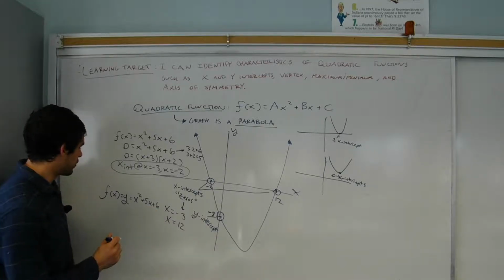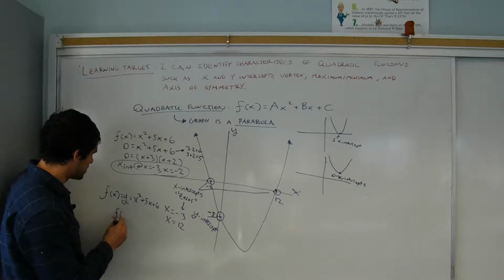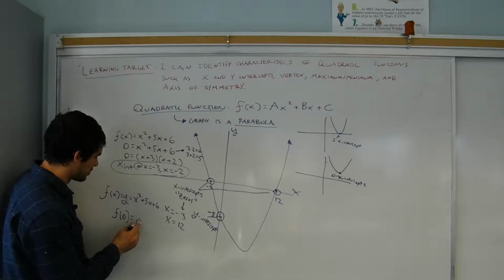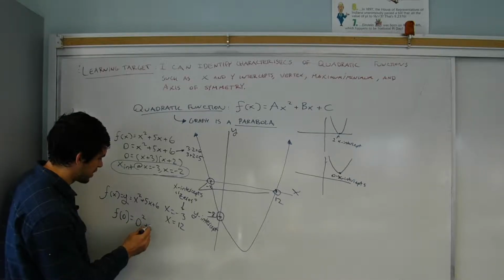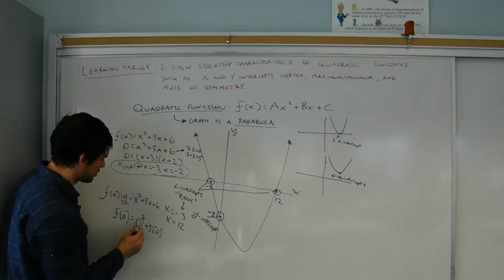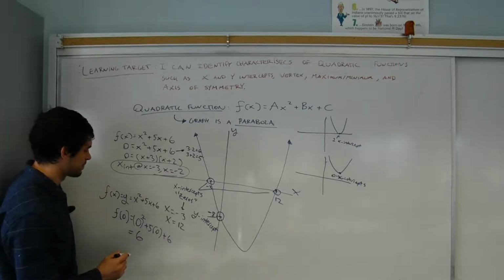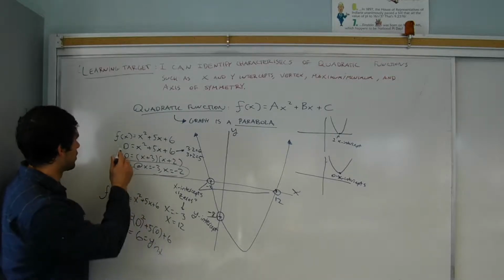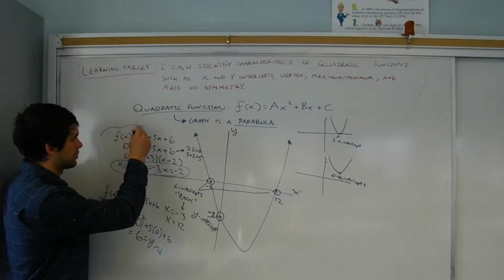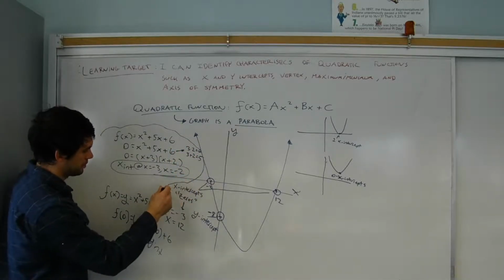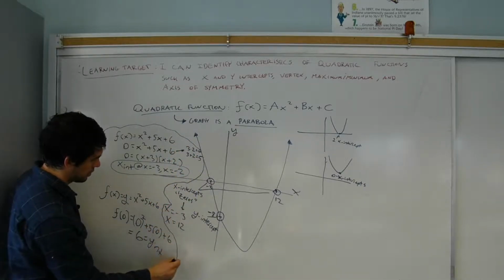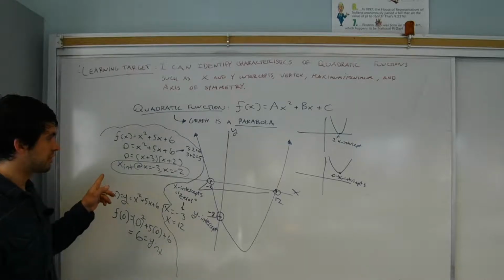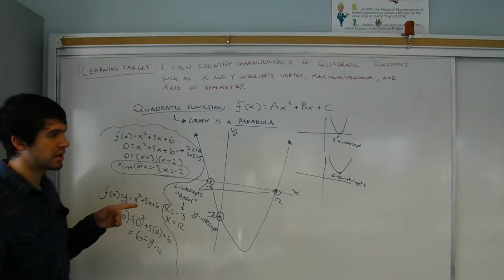So if we want to find the y-intercept, we would just find f of 0, that'd be equal to 0 squared plus 5 times 0 plus 6, which is just equal to 6. So that would be our y-intercept for this quadratic function. So that covers the y-intercept.